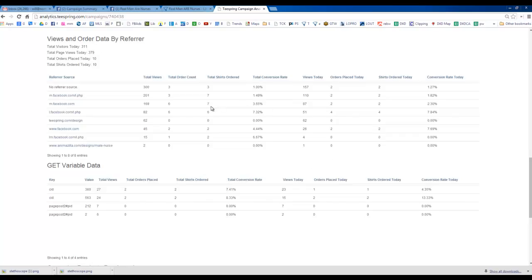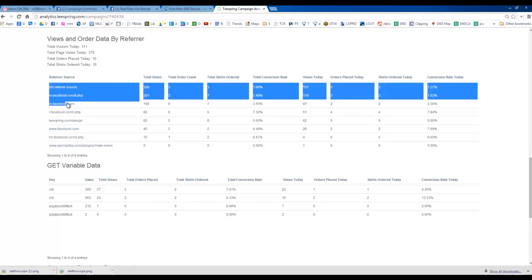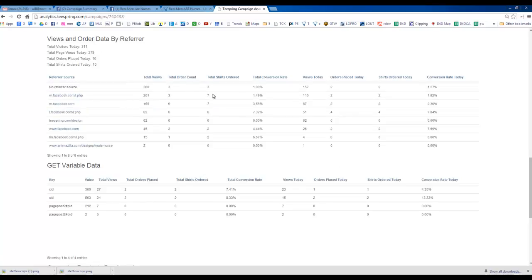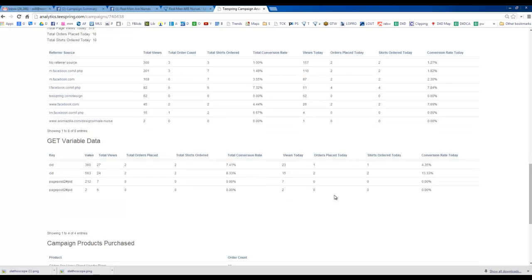Although, I will say, check this out. I mean, for mobile, there's a lot to be said right here. The second and third line. Look, seven sales have come from that mobile link, and seven sales from that mobile link. So I think there's a lot to be said for mobile devices, and making sure that you're optimizing your campaigns for mobile devices.